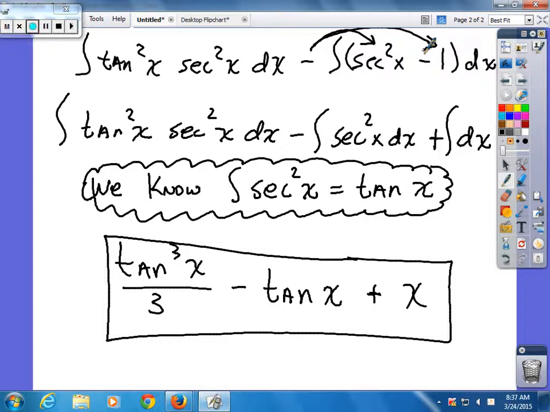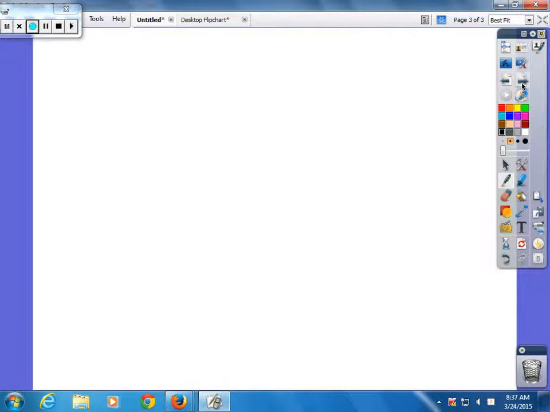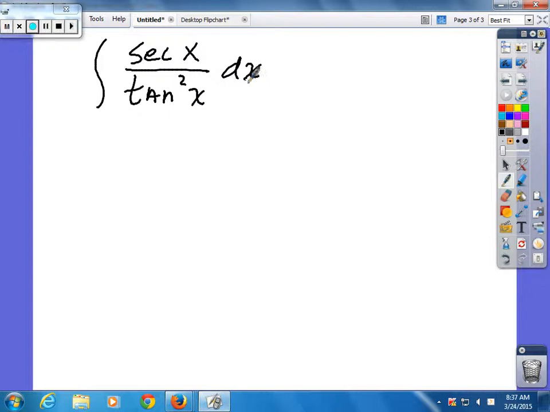Don't know if we did this one or not. Excuse me. Antiderivative, secant x over tangent squared of x dx.